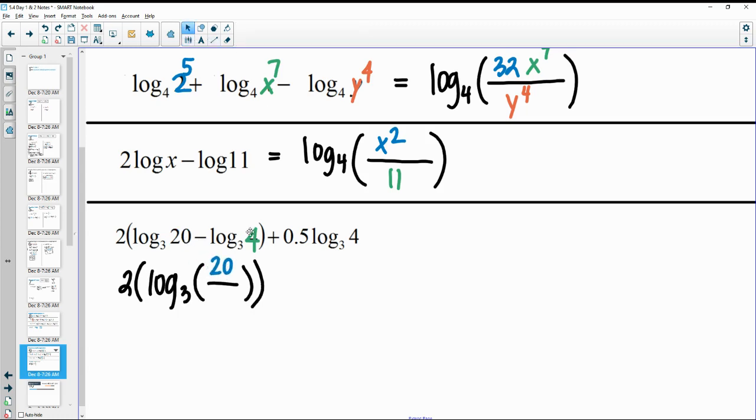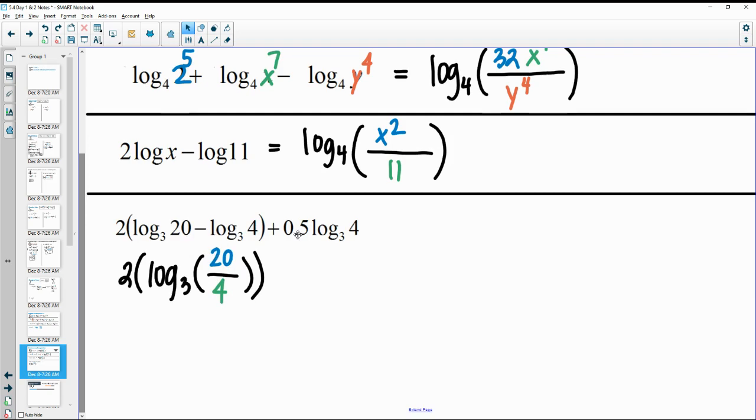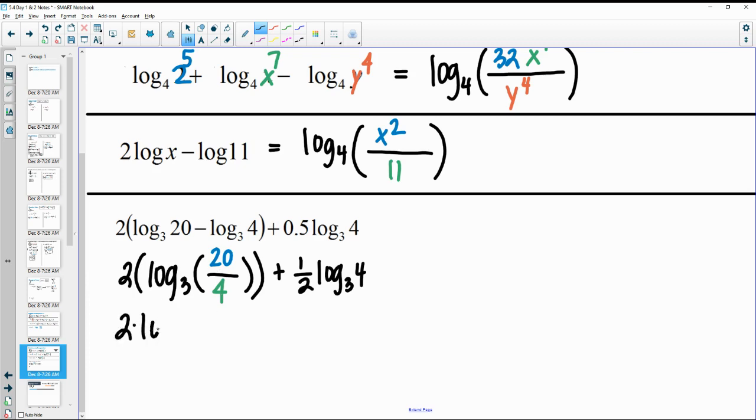So it's going to be 20 over 4. And then we still have the plus 0.5. I'm going to write it as 1/2. And then log base 3 of 4. So then this is really just 5. So this is 2 times log base 3 of 5 plus 1/2 log base 3 of 4, right?